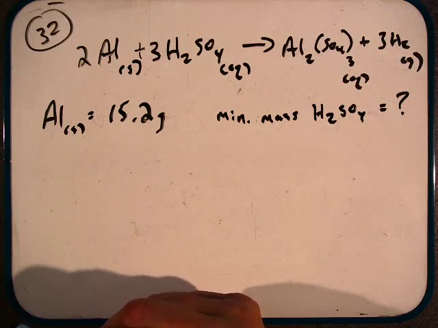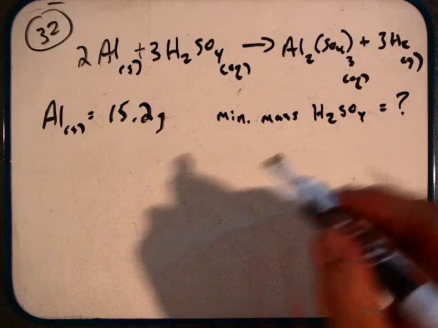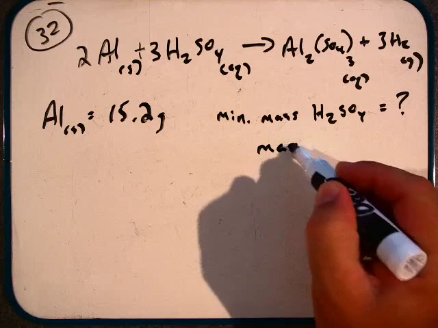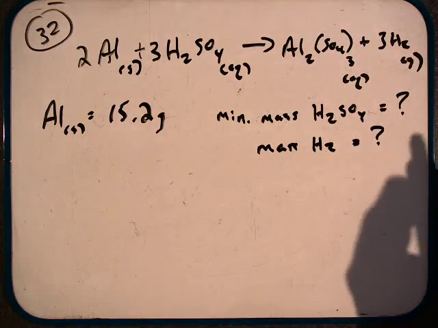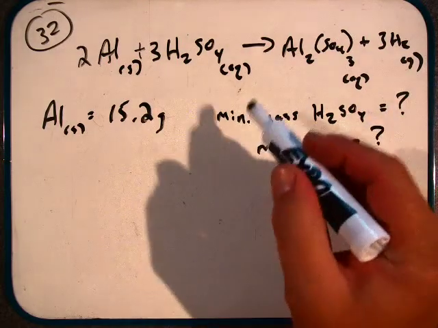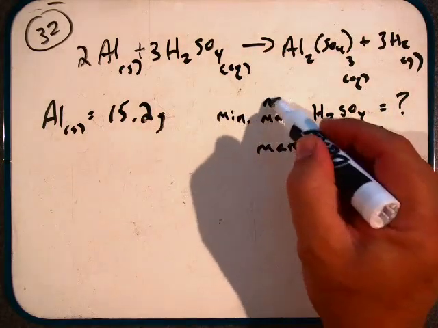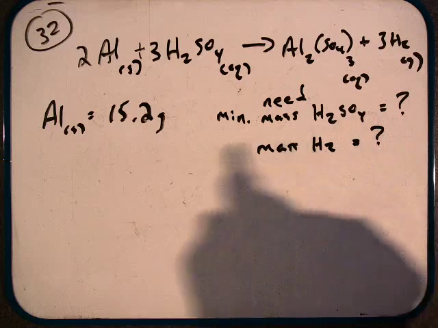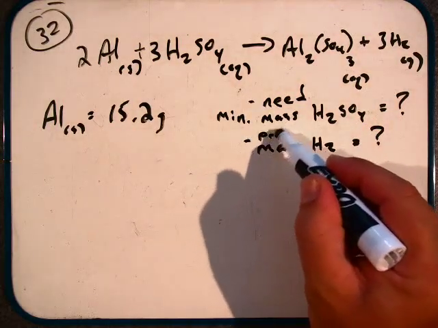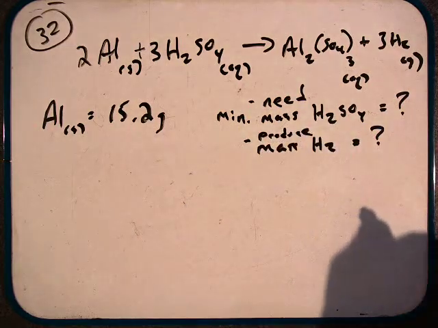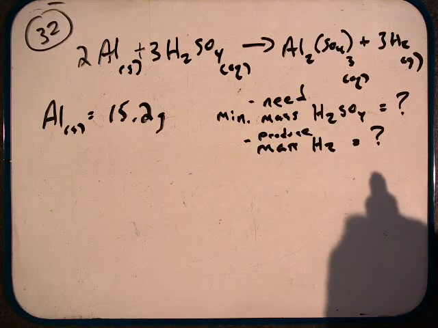And then the second part to this is, what mass of hydrogen would you produce? So you need a certain mass for H2SO4, and you're going to produce a certain mass with hydrogen.